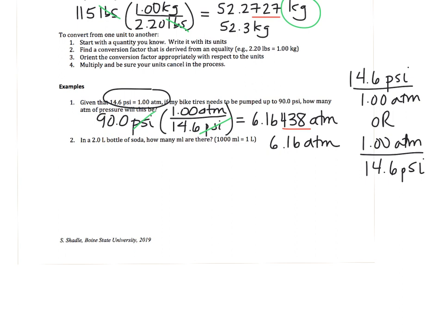We're going to start with what we're given, 2 liters, and we're going to make a conversion factor. And let me just note that I know that I'm going to have liters on the bottom and milliliters on the top, because I can see that I want my liters to cancel. So I can arrange the units even before I put the numbers in.